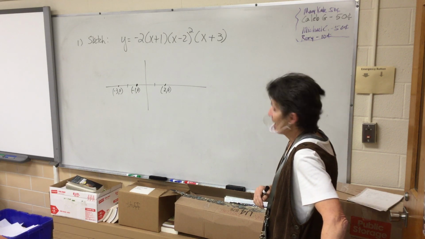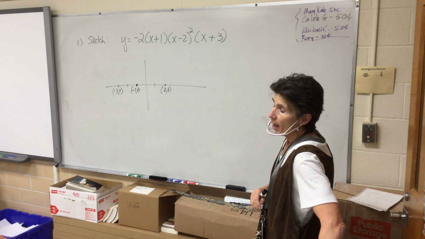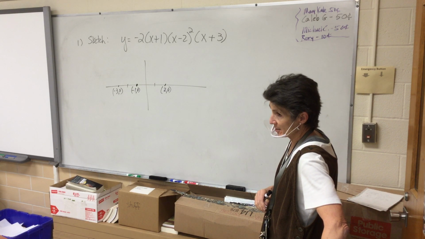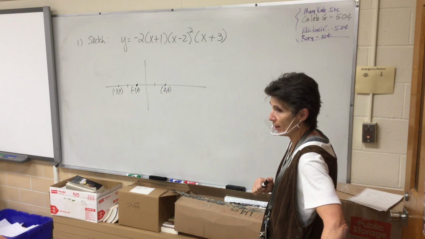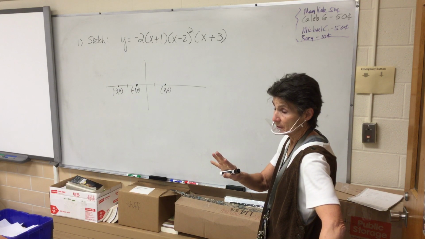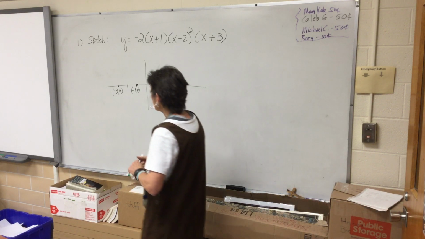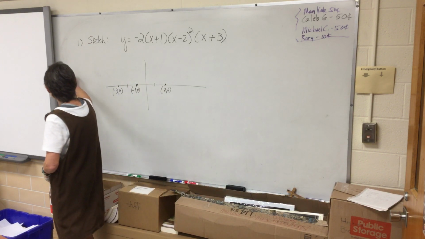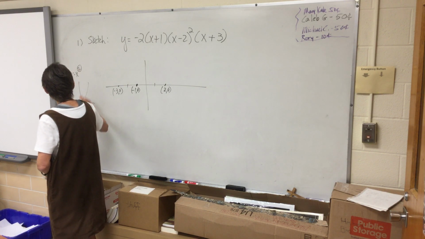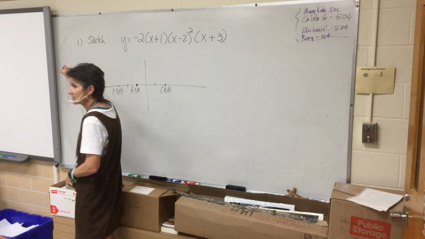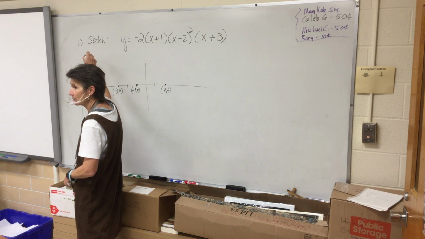All right. Now, this is important. How many x's are there total in this problem? 4. 4 is even. Evens are like x squareds. Evens act like this. They start up here, do whatever they do, and then end up here.